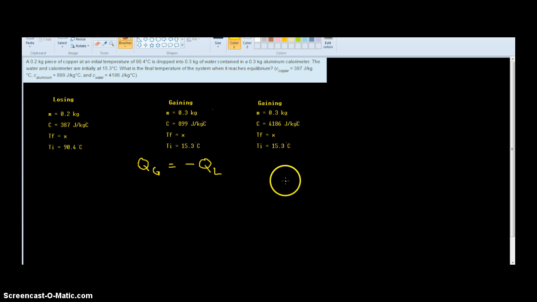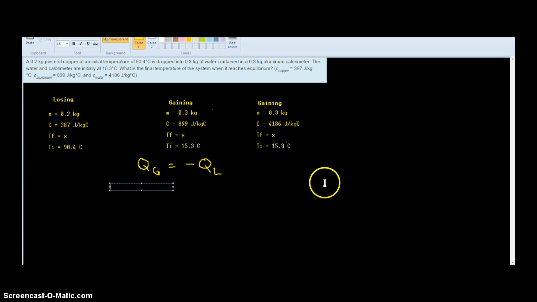Let's go ahead and solve this problem, or maybe better yet, let's set up this problem. I will use my editing box here to maybe do a better job of laying this out. So I try to write all my terms out for the side gaining heat and the side losing heat.